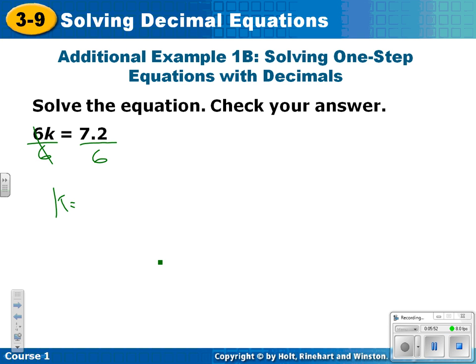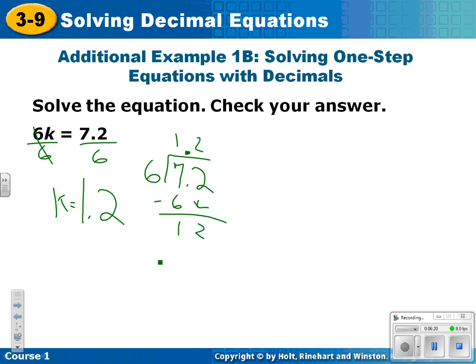Now, I'm going to warn you. Don't just try and do this in your head, because you might get the decimal in the wrong place. Seriously. Just write it out. It's not hard. That way you know that this decimal is going to go right there. So this is going to go in there 1, and then you know that this is going to be 6, 12. There's going to be a 2 there. So the k equals 1.2. Okay?